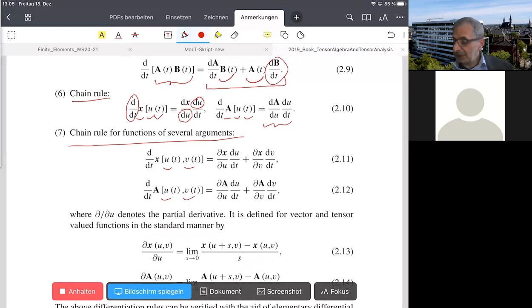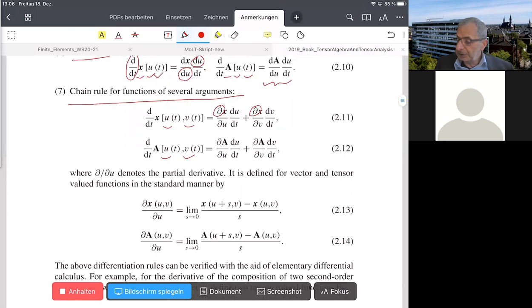Both of them depend on time, and x can be some other vector, velocity vector, whatever. A can be a tensor, and in this case, the only difference you see here is that we apply the symbol which denotes the partial derivative. You remember that this means partial derivative, and still for the repetition, I once more wrote here the definition of the partial derivative.